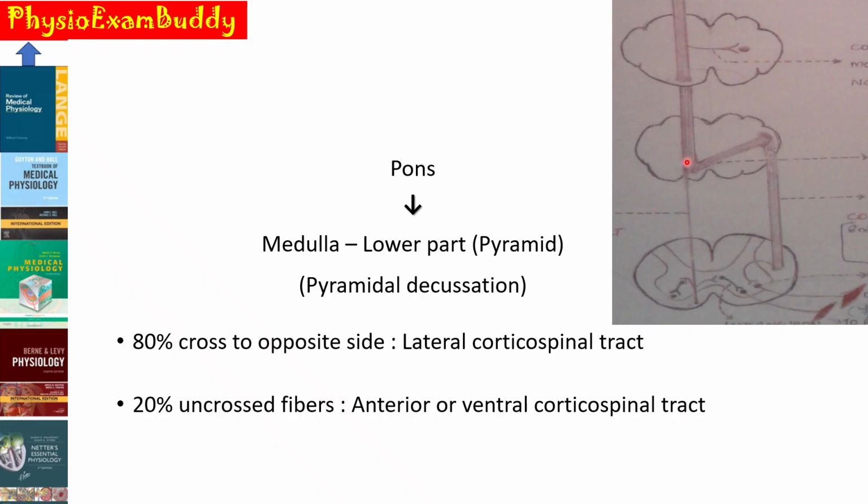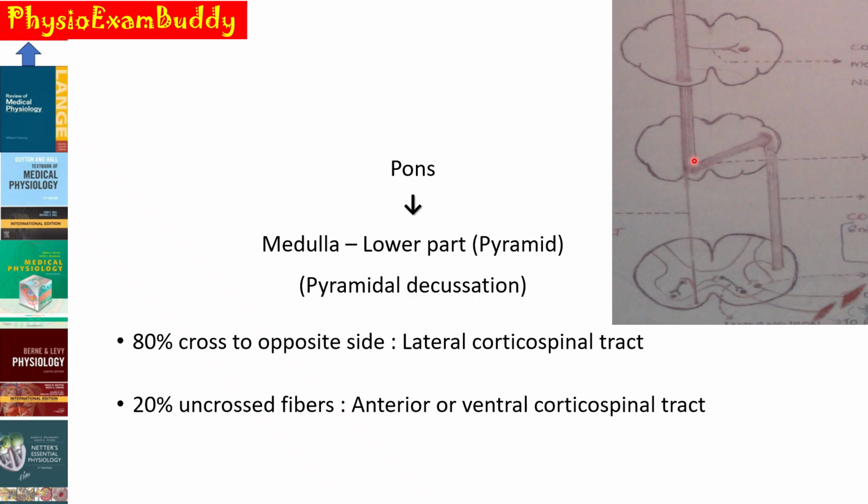When it reaches the lower part of the medulla, there is a structure known as the pyramid, and it is formed by the crossing of the pyramidal tract fibers to the opposite side. So this area is known as the pyramidal decussation.